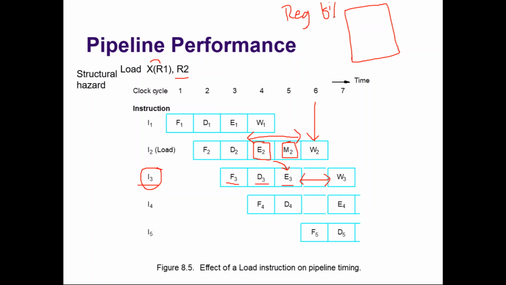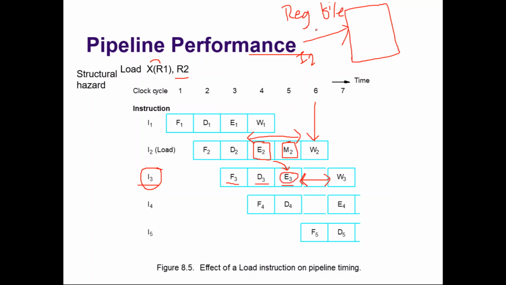Now only one instruction can access the register file at a time. During the 6th clock cycle, instruction 2 is already accessing the register, so instruction 3 cannot access it. So it is stalled. So this stall happens because of what? It is not because of the availability of data. Data is available because execution is completed. The instruction is also available.